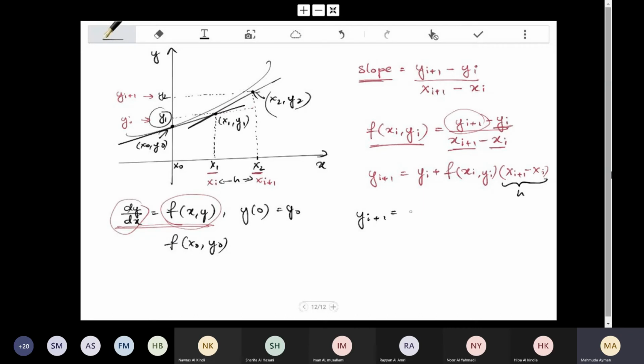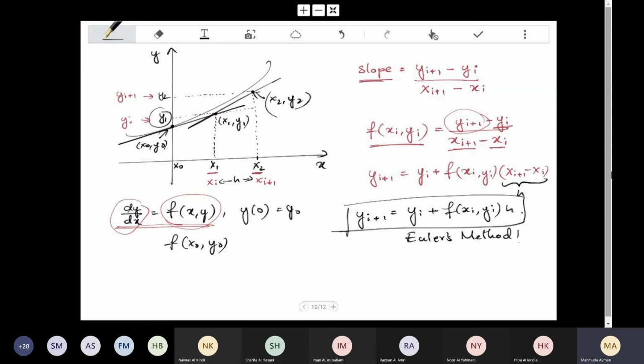So we'll have y_{i+1} = y_i + f(x_i, y_i) times h, and that is the Euler's method, where you can say that h is equal to x_{i+1} minus x_i.